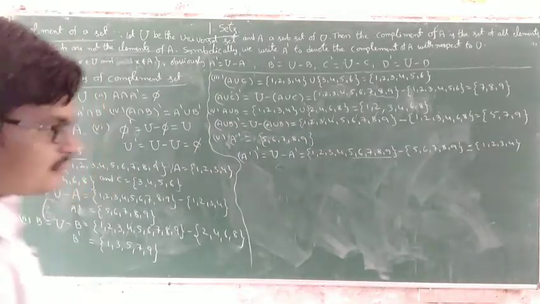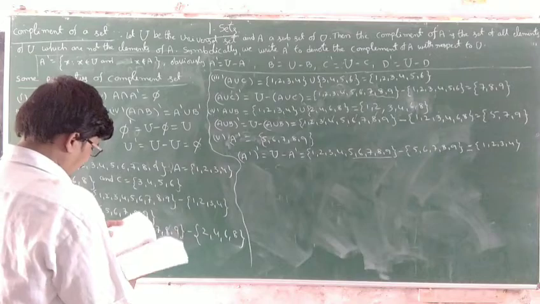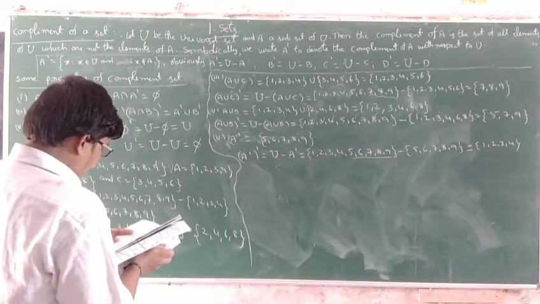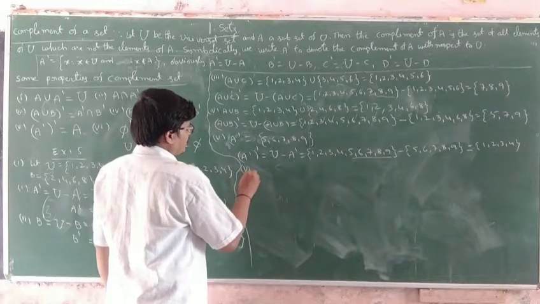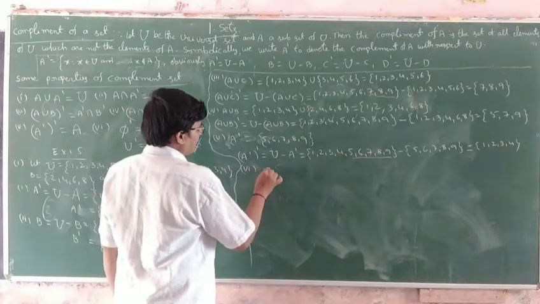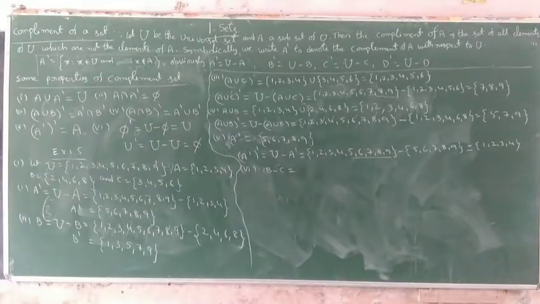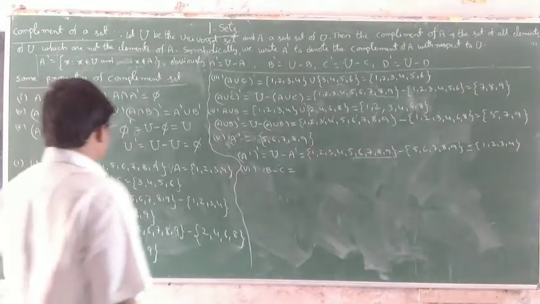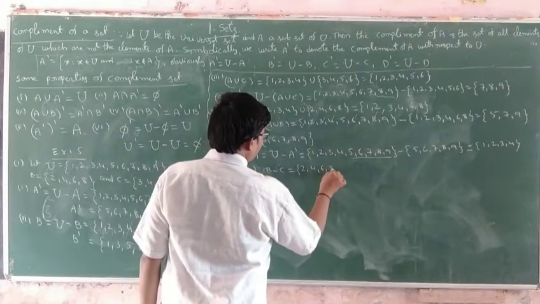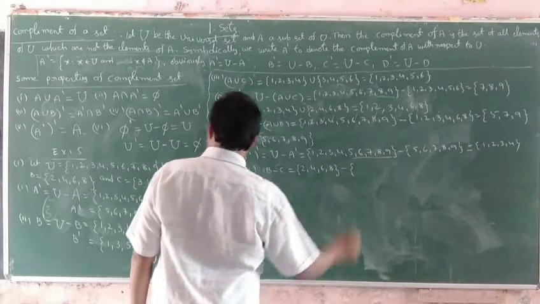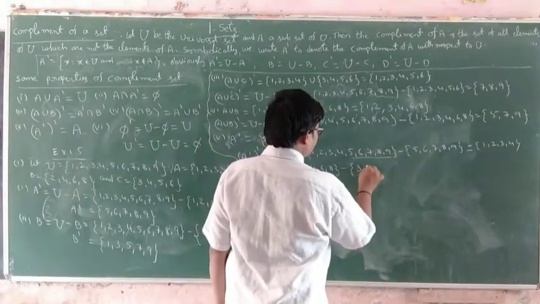So next, (B minus C) whole complement. First of all, we have to find out B minus C. B is equal to {2, 4, 6, 8} minus C, and C is {3, 4, 5, 6}.